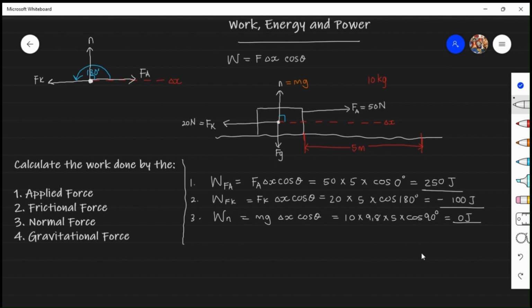So whenever your force is perpendicular to your displacement, such as normal force, you would end up with a value of 0 joules, which means that there is no energy being added to the object and there is no energy being removed from the object. No work is being done by the normal force. Now, let us have a look at the work done by our gravitational force Fg.